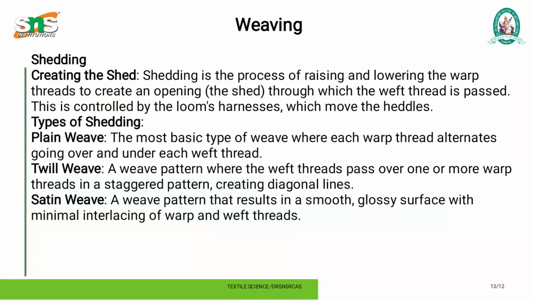Twill weave, a weave pattern where the weft threads pass over one or more warp threads in a step pattern, creating diagonal lines. Next, satin weave, a weave pattern that results in a smooth, glossy surface with minimal interlacing of warp and weft threads.